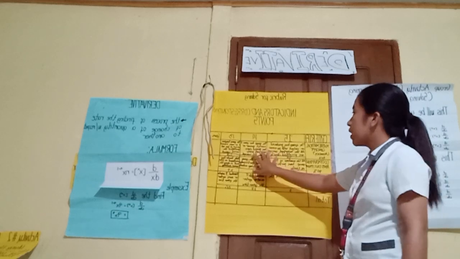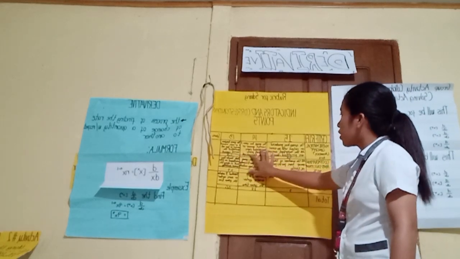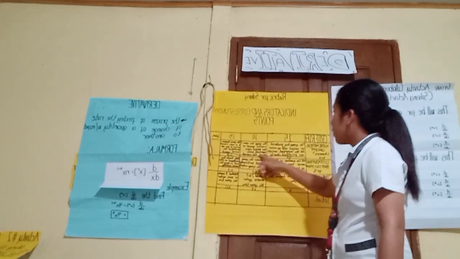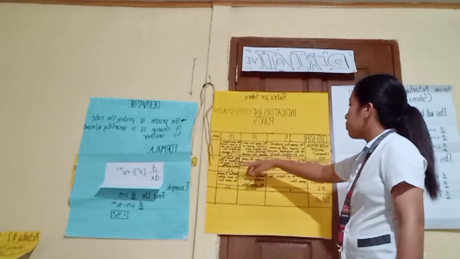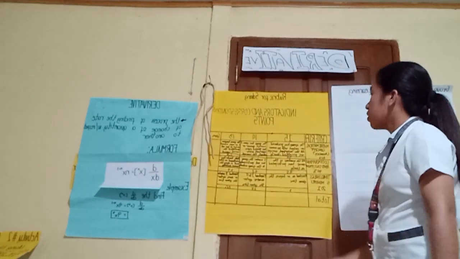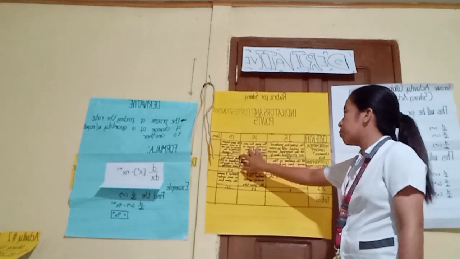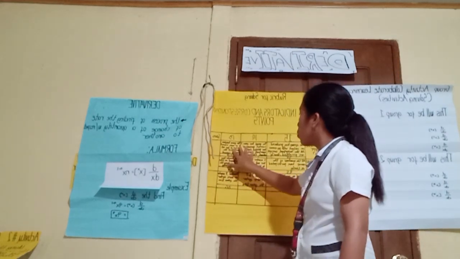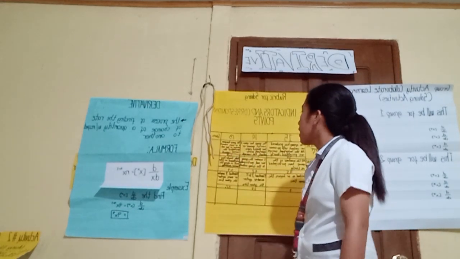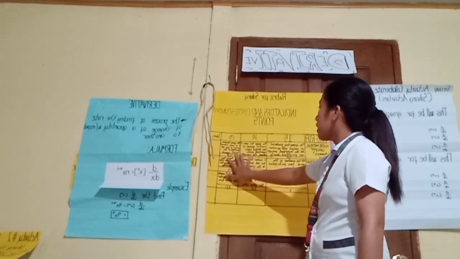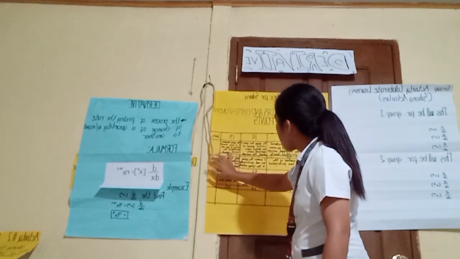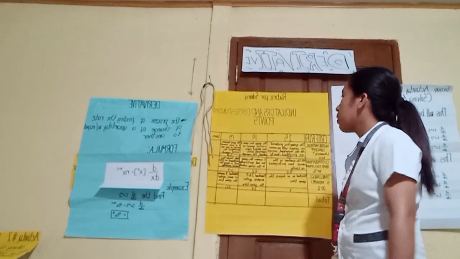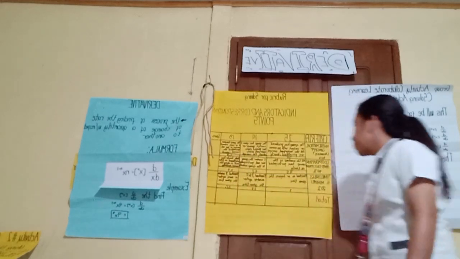If the group has given one incorrect answer or missed some important points about the concept, you have 14 points. If the group has given two or more incorrect answers or has not presented the correct concept, you have 13 points.